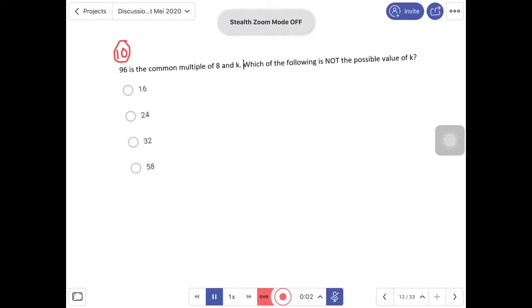96 is the multiple of 8 and K, which is not the possible value of K. In other words, we can find what are the factors of 96.